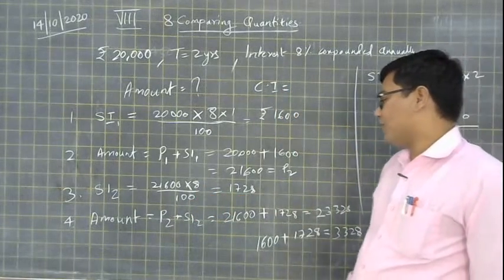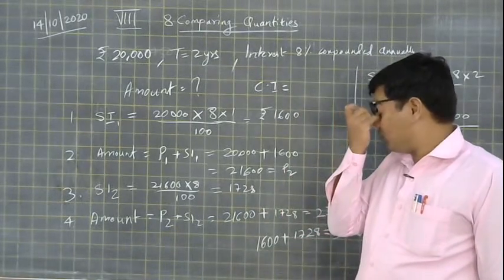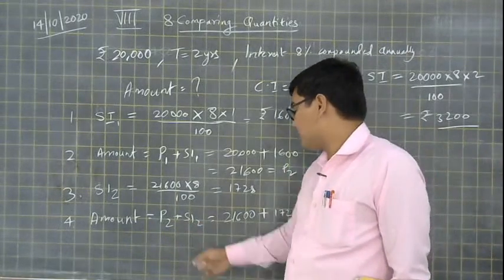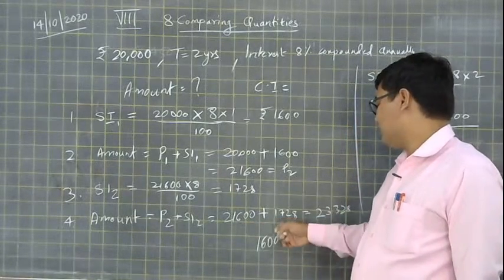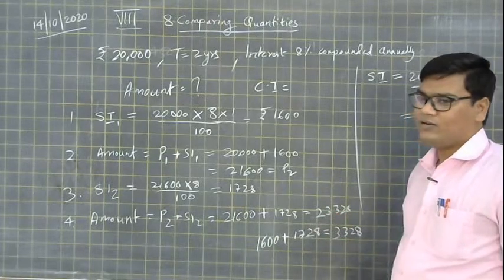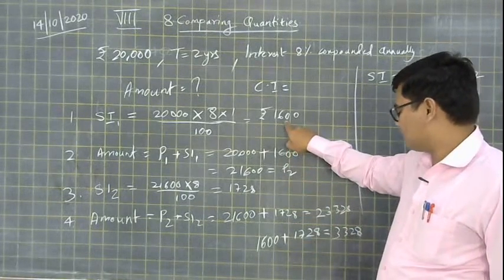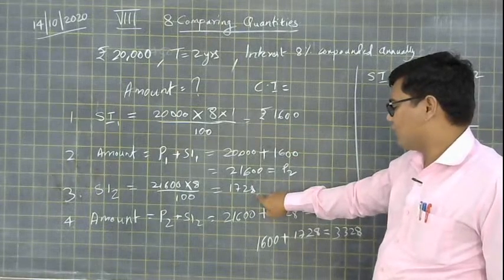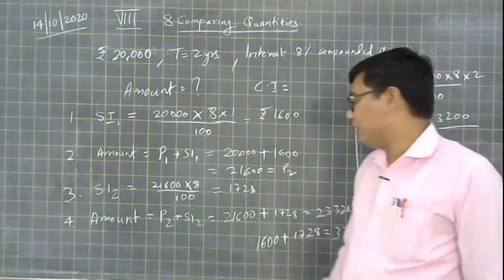So the amount to be paid or received after 2 years is P2 plus SI2. P2 is 21600 plus SI2 is 1728, which is equal to 23,328. So the total interest 1600 plus 1728 is equal to 3328.